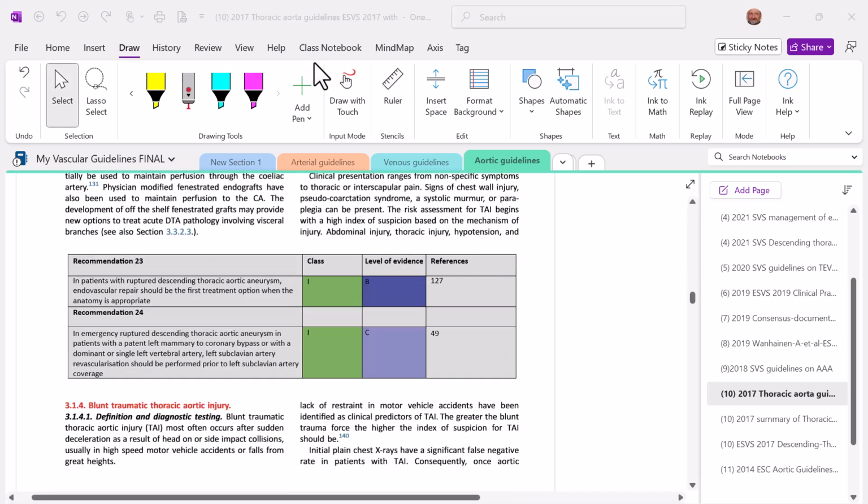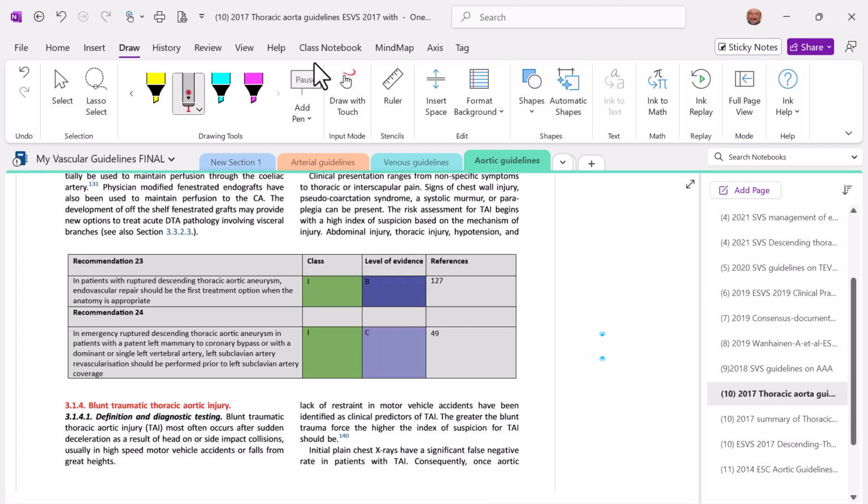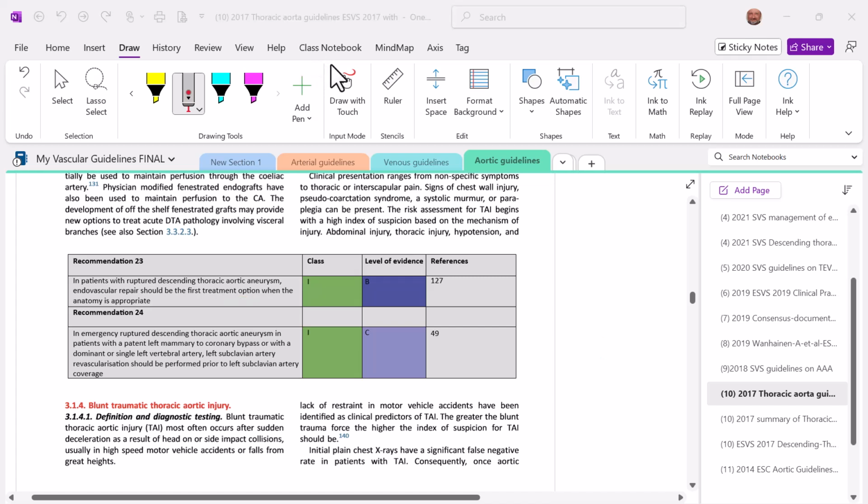I wouldn't go through all the recommendations, but I will give a hint about the important ones. This one is important, recommendations 23 and 24. In a patient with ruptured descending aortic aneurysm, endovascular repair should be the first treatment option when the anatomy is appropriate.